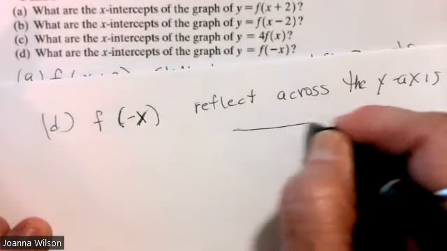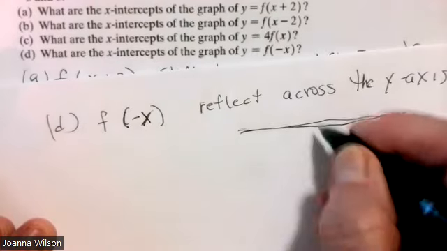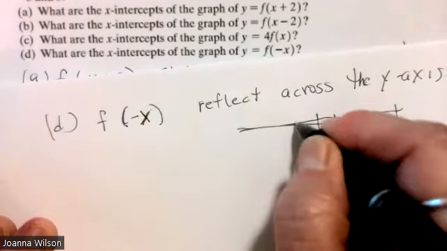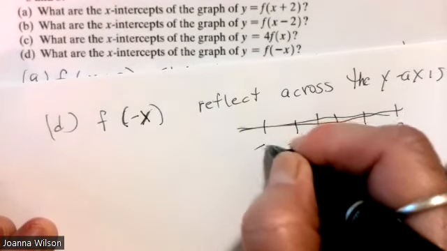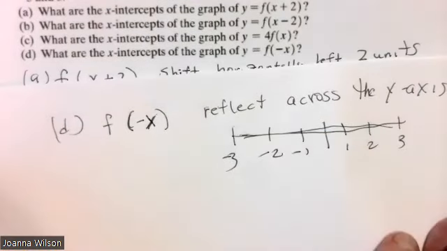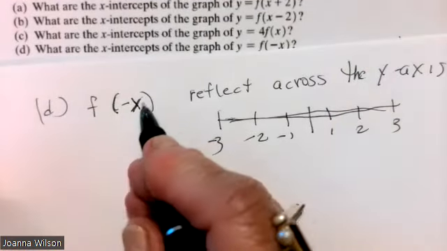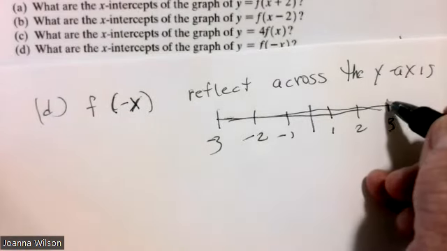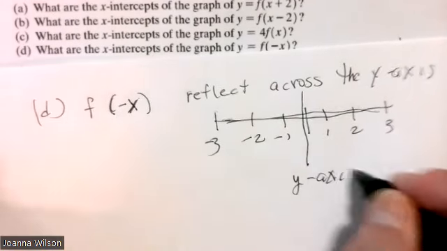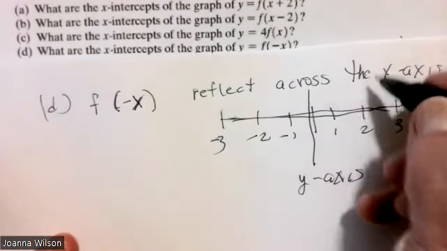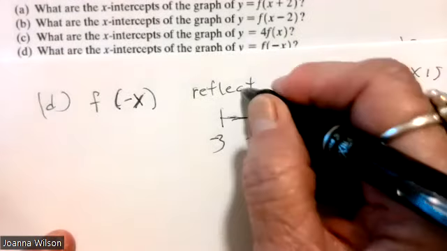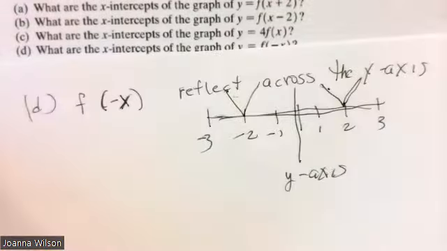Like if you think on a number line, or just think about the x-axis, 1, 2, 3, -1, -2, and -3. If we're multiplying the x values by -1, then it's going to reflect across the y-axis whatever the values were over here. Like say it's an absolute value function, it's going to go over here. It's going to reflect that way.